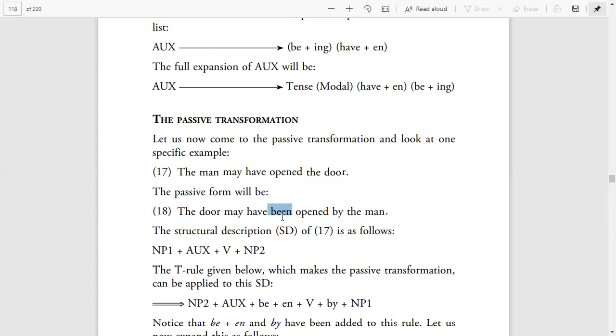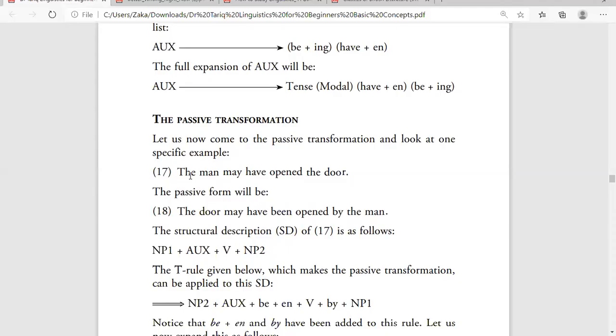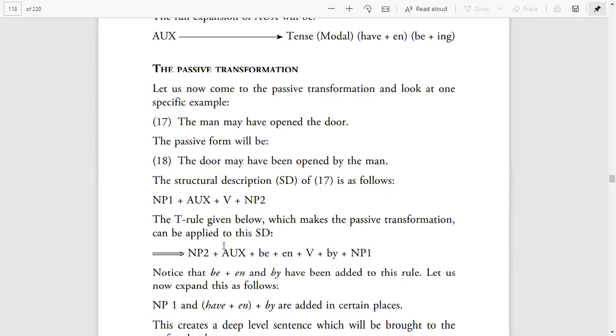Be, was, been. It is the third form of be. So here en shows that it is the third form, and open is verb. By has been added as an extra word, or as an extra constituent, and then the man is NP1. Notice that be plus en and by have been added to this rule.